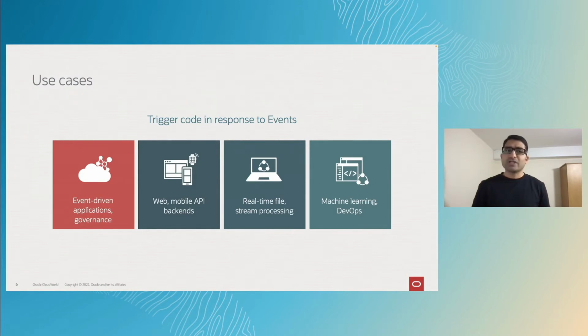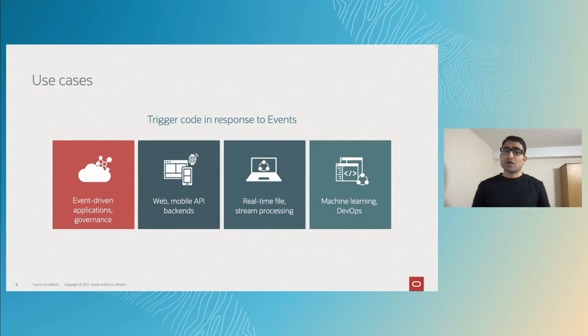Some of the popular use cases for functions are building event-driven applications, as well as event-driven workflows for performing various operational tasks, including governance and administration. Customers also use functions along with API gateway and other OCI services to build scalable web and mobile API backends.